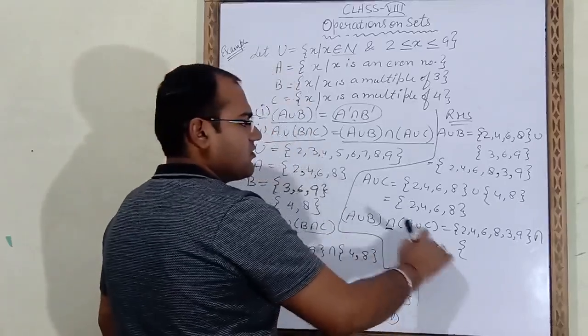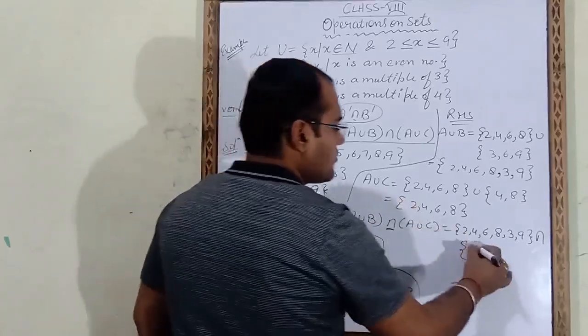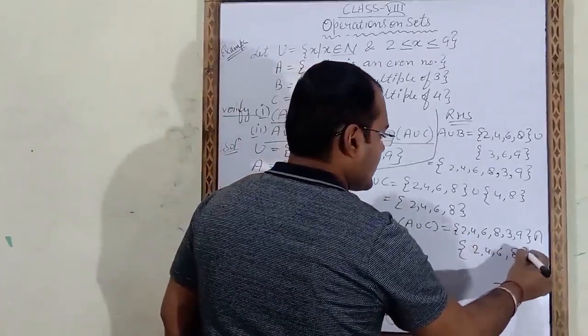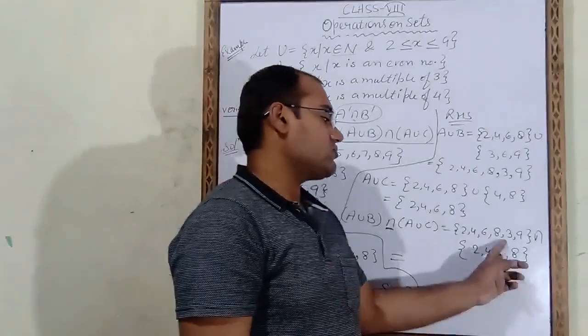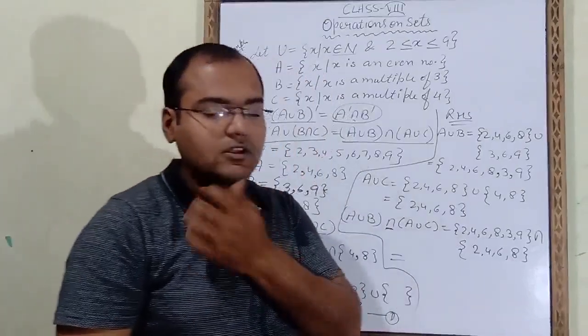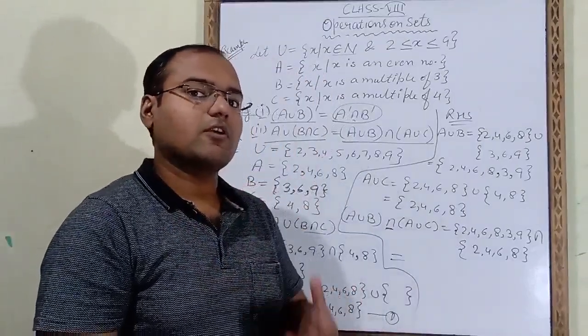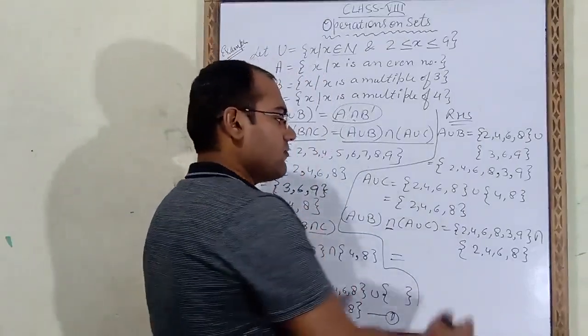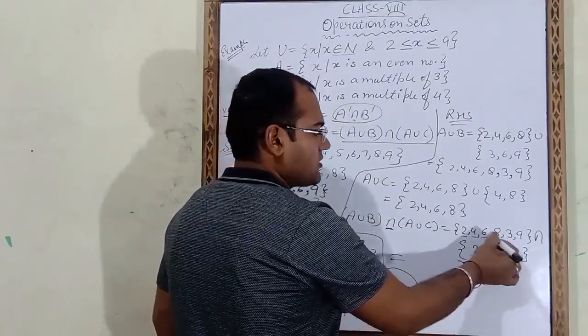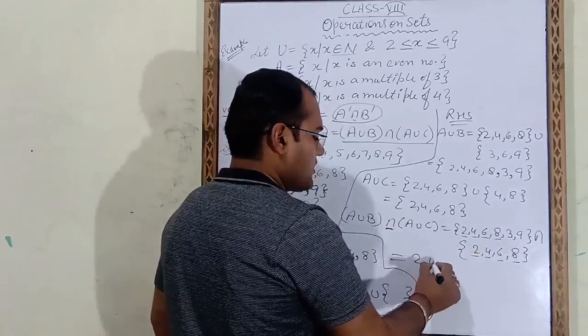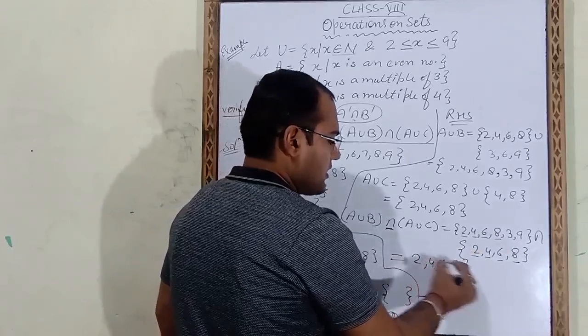After intersection, A union C. The A union C answer is 2, 4, 6, 8. So in between these two sets the intersection sign is coming. So for intersection what you have to do? You have to find the common. So which elements are common? 2 is common, 4, 6, 8. So the common elements are 2, 4, 6 and 8.